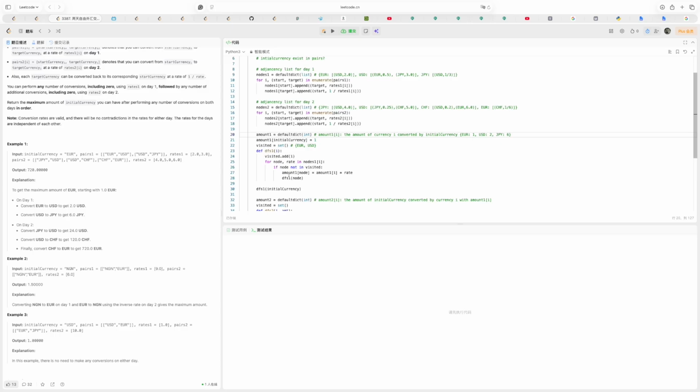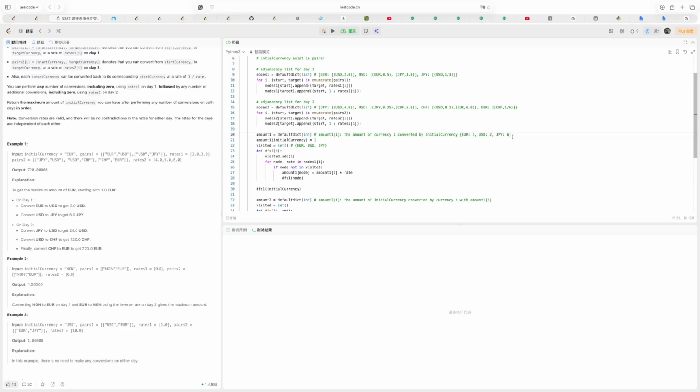Since JPY is not in the visited set, we will have DFS1 with JPY, and then it will be added to the visited set, and JPY has a USD node and rate 1 divided by 3. But USD is already in the visited set, so we will not run this for loop. If we run it, we will get the same answer, so it's fine. And we can finish this first DFS.